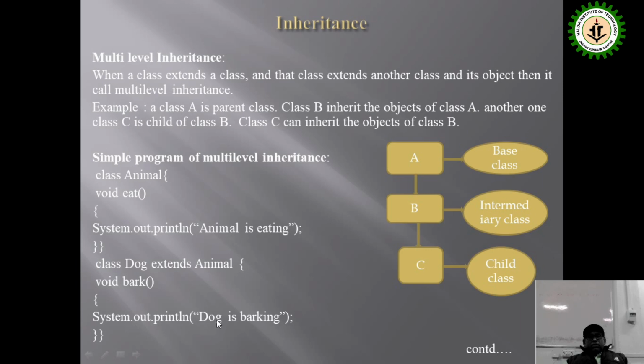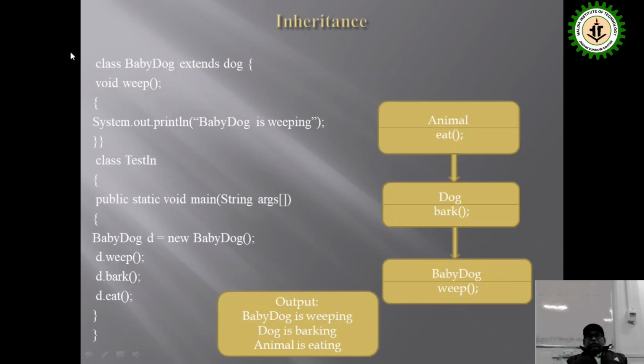Then dog is barking, just as I defined it. Then class baby dog, this is the child class. It has a method void whip. Then I define the void whip method.